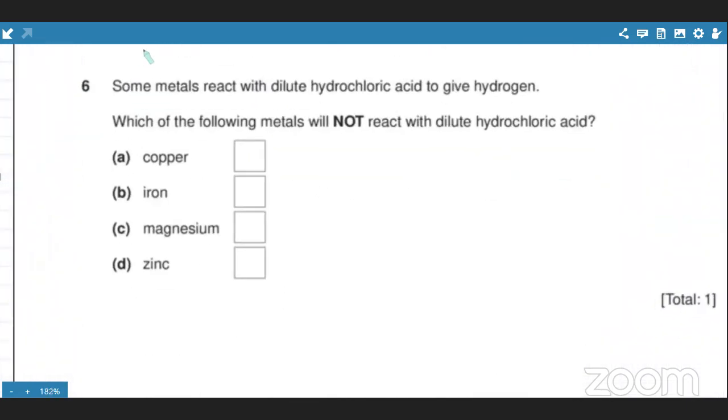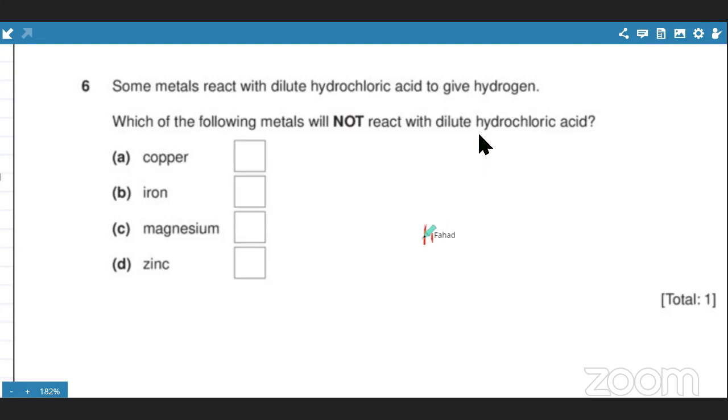Next part of the question, question number 6, is some metals react with dilute hydrochloric acid to give hydrogen. Which of the following metals will not react with hydrochloric acid? So some metals are extremely reactive, some metals are extremely unreactive. If you remember your reactivity series, it starts with K, Na, Mg, and so on.